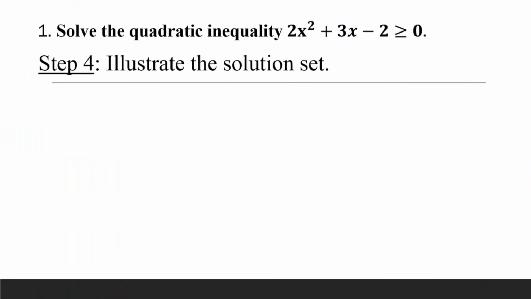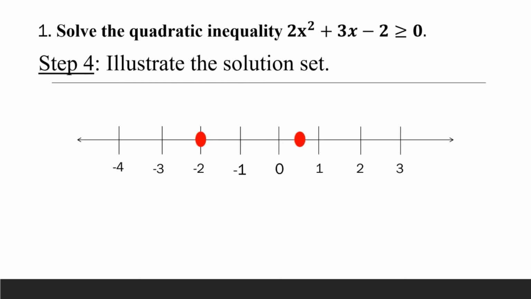Step 4, illustrate the solution set. To illustrate, we have to use the number line that we have created in step 2. So we now have here our number line. Next is for us to shade the solutions or the intervals that contain the points that satisfy the given inequality.